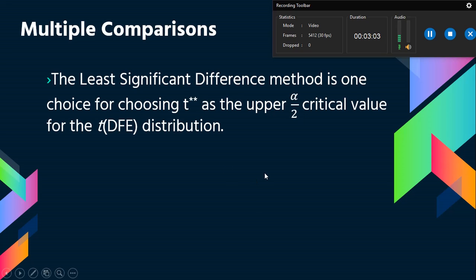Because you might be running 5, 10, 20 different t-tests, one of the methods is called the least significant difference, and it's one way that you can choose your critical value for your distribution. And remember, alpha over 2 just implies that we're running a two-sided test.